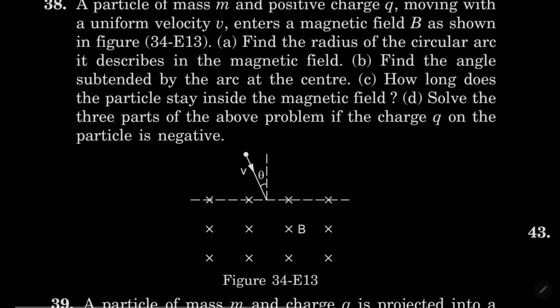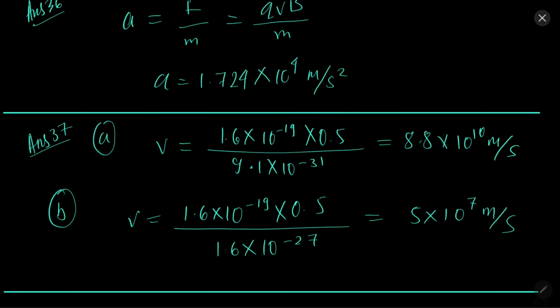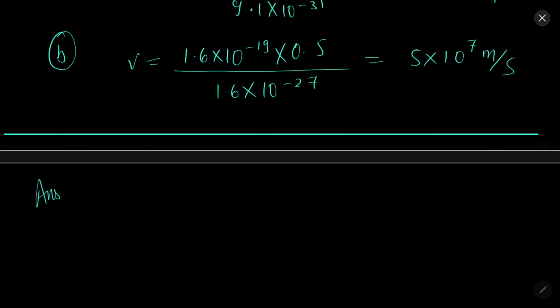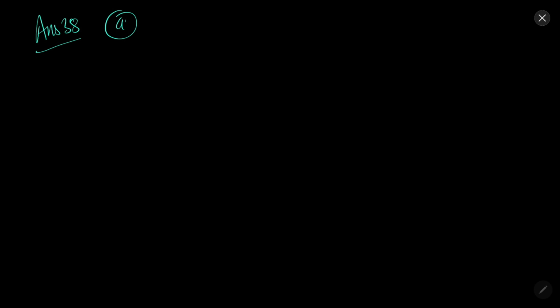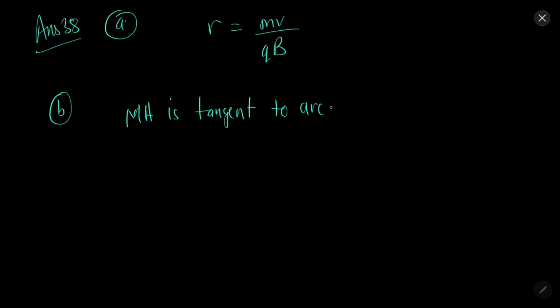In question 38, this figure is given. We need to find the radius of the circular arc, the angle, and how long the particle stays inside the magnetic field. Solution 38, part A. The radius will be mv by qB. Here MA is a tangent to arc ABC.